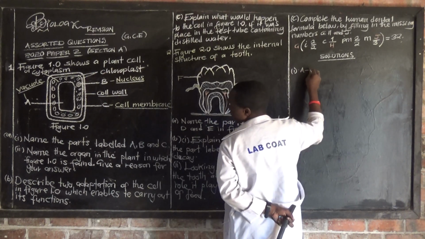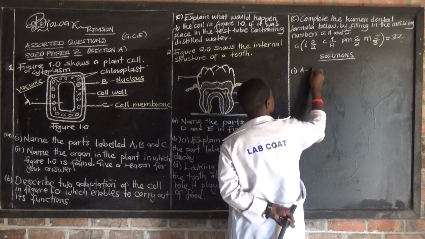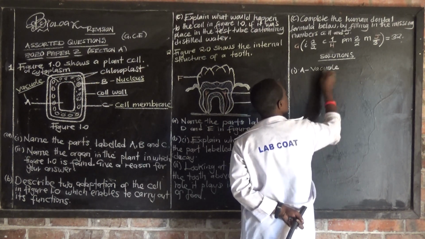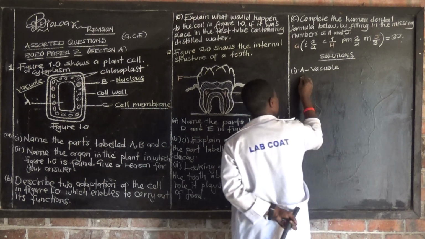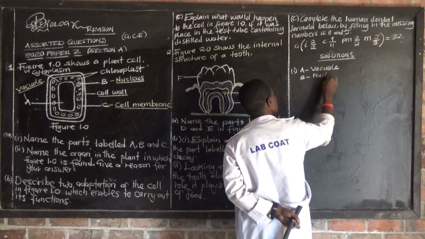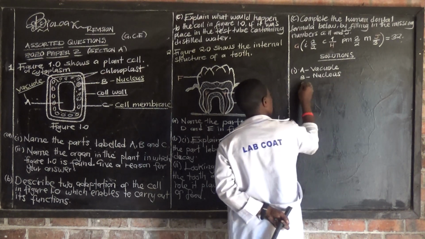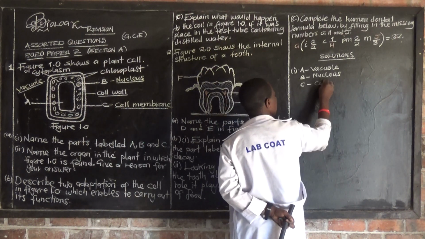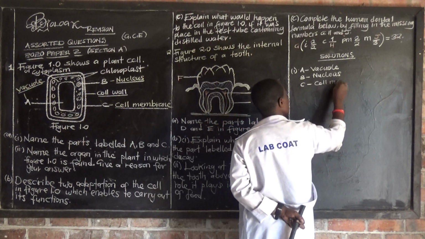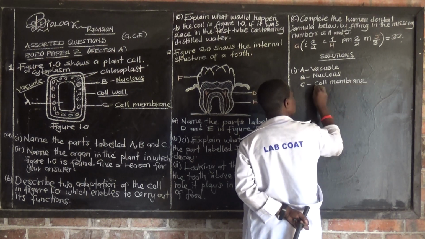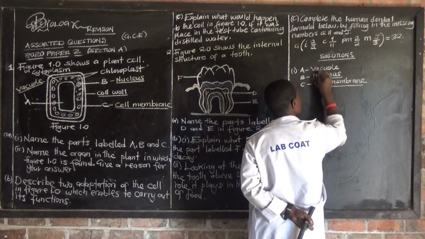A is vacuole. Okay. Then what is our B? Nucleus. Then what is our C? Cell membrane. Yes, cell membrane. Are we together, guys? Okay, so these are the answers to the first question.